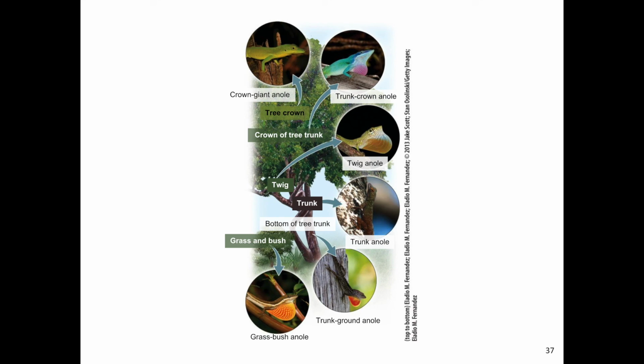Take, for example, the crown giant anole. It has morphological traits that allow it to get its resources from the crown or the canopy of trees in an environment. Or take, for example, the grass bush anole. They are highly adapted to get their resources, eat from the grass and the bush. Or you take the trunk anole, and the trunk anole can get its resources from the trunk of trees, eat insects that are found in that area.